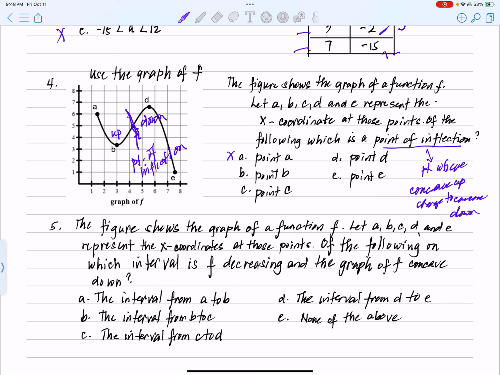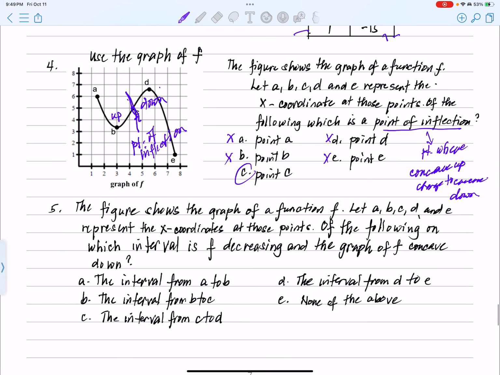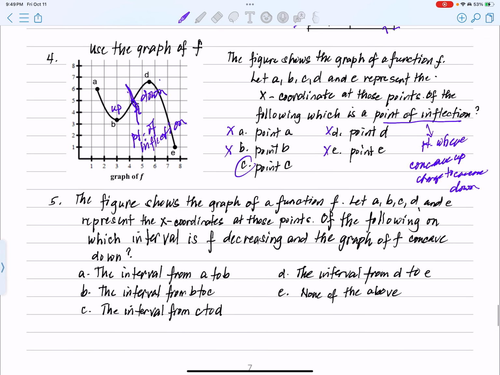It cannot be. Is it at point B? It's still at the concave up. Point D, it's still in the concave down, as well as E is concave down, except C. All right, some questions are easy by just looking at the graph.